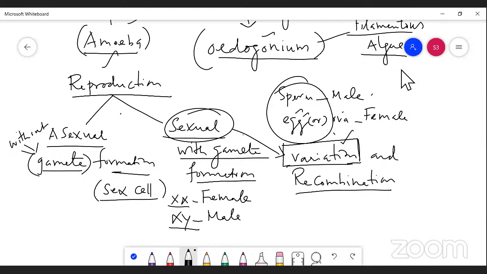Recombination is the exchange between non-homologous chromosomes and homologous chromosomes.